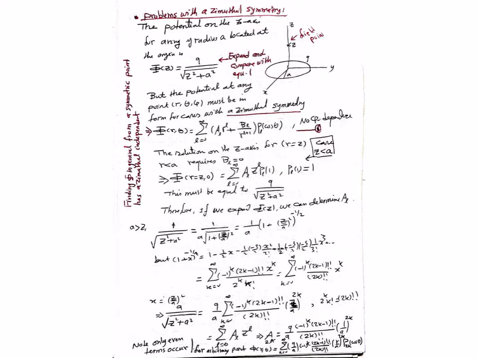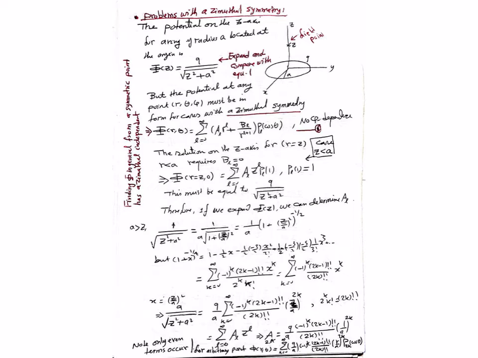Now, as I mentioned in the previous slide, to get A_L and B_L, we have to expand phi of Z. We first take the case where Z is lesser than A. The second term in phi, which has the powers 1 over r to the L plus 1, is divergent at 0. Therefore, all B_Ls must be equal to 0.